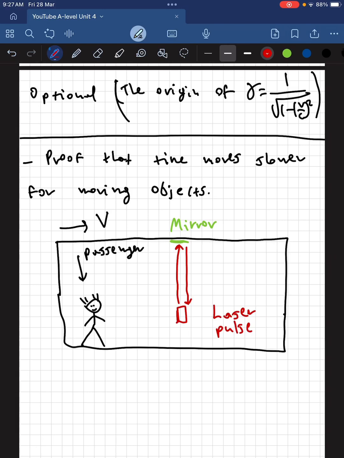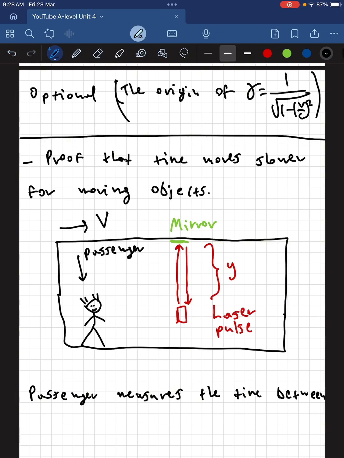So from the point of view of the passenger, this laser pulse goes vertically up and comes vertically down, covering a distance of, let's call it y. Okay, so the passenger measures the time between shooting the pulse and detecting it when it comes back.